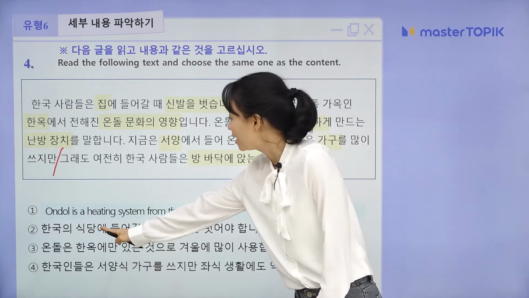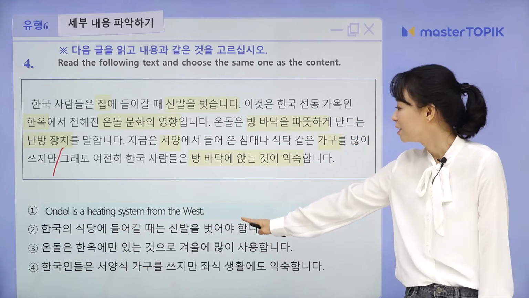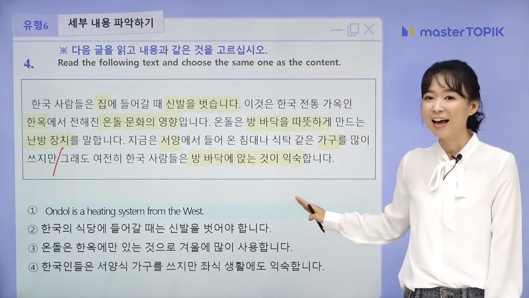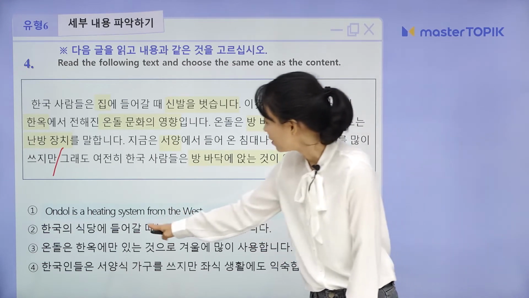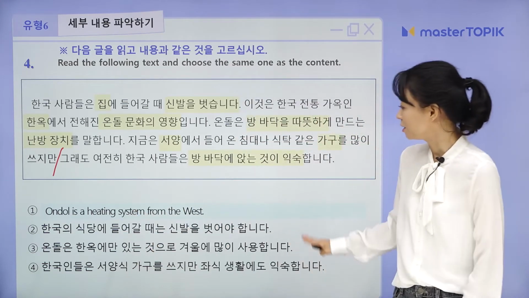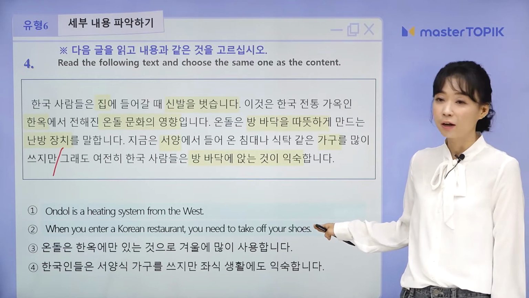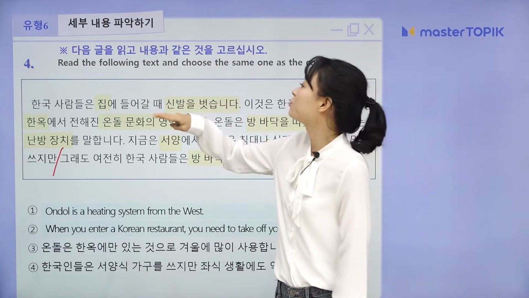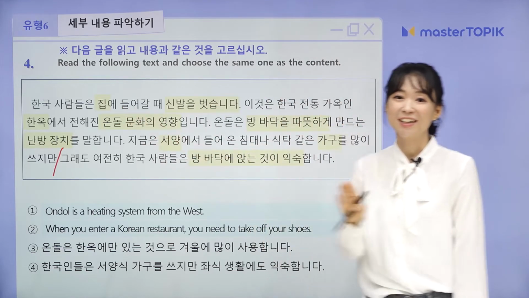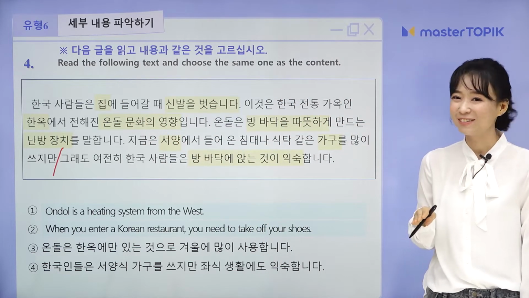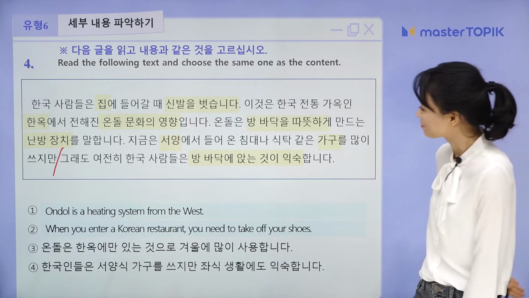Number 2, 한국의 식당에 들어갈 때는 신발을 벗어야 합니다. So when you enter a Korean restaurant, you have to take off your shoes. Really? Take off your shoes? Yes, but when you enter the house, not the restaurant. So number 2 isn't correct.